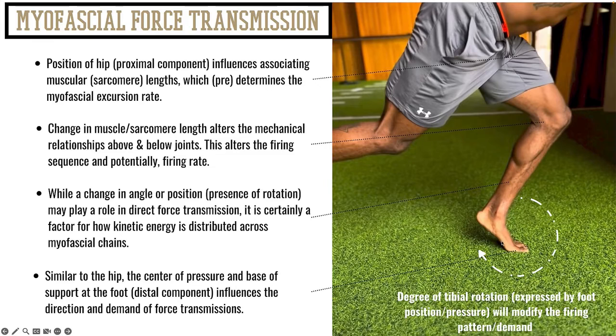In some cases, it could also be due to a weakness or deficiency at the medial arch. In other words, the degree of rotation or the position of the heel here is going to determine what point across the foot we are pressurizing through, and then what that kinetic sequencing or integration is up the lower leg, and then again from there up to the thigh.